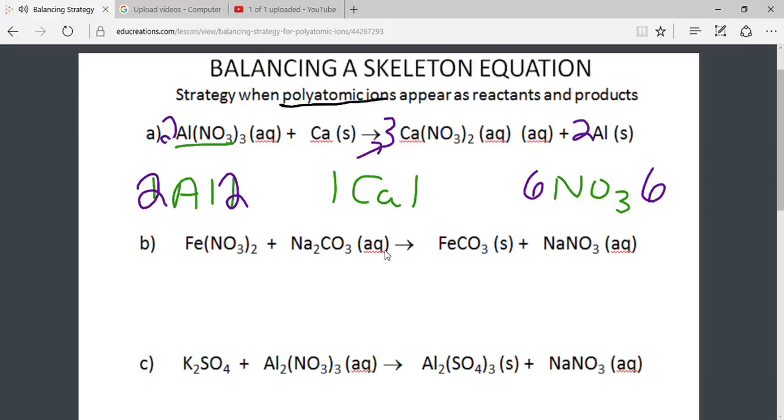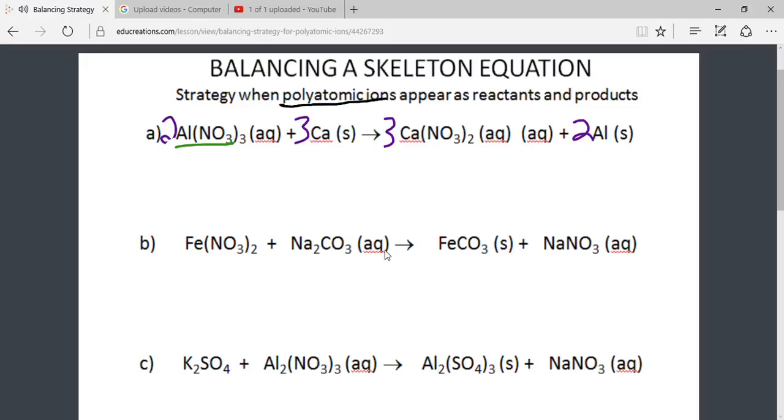Likewise, the 3 written in front of calcium nitrate creates 3 calcium atoms on the product side. Since there is only 1 calcium atom present on the reactant side, we must choose a coefficient to balance that. Therefore, a coefficient value of 3 creates the 3 calcium needed to balance the reactant side.